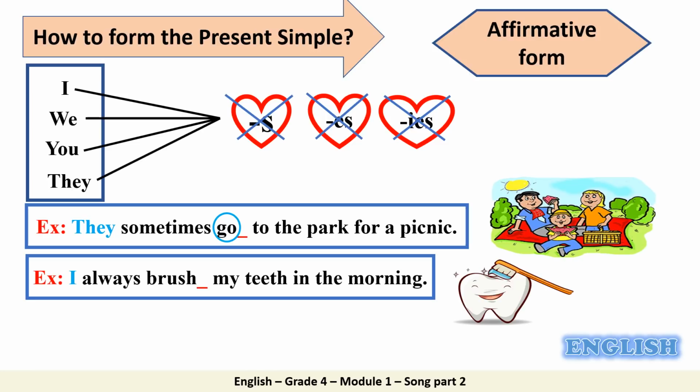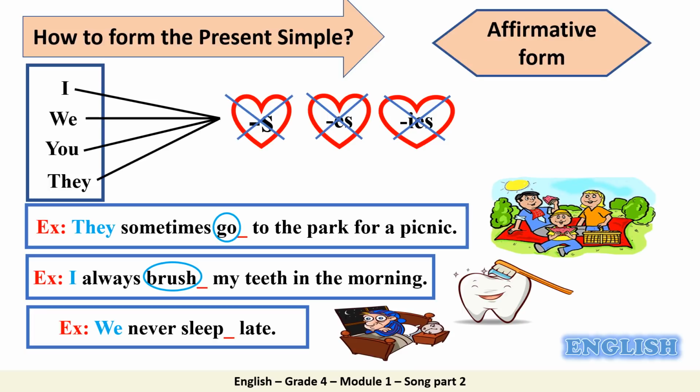Here also I have the pronoun I, and nothing is added to the verb brush. And the last one here, we never sleep late. Here I have the pronoun we, and nothing is added to the verb sleep.